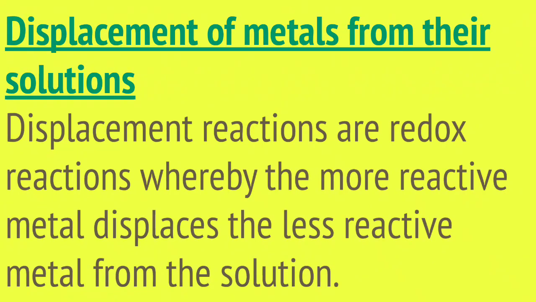Displacement of metals from their solutions. Let us look at how metals are displaced from their solutions. Now, displacement reactions are redox reactions, whereby the more reactive metal displaces the less reactive metal from the solution.